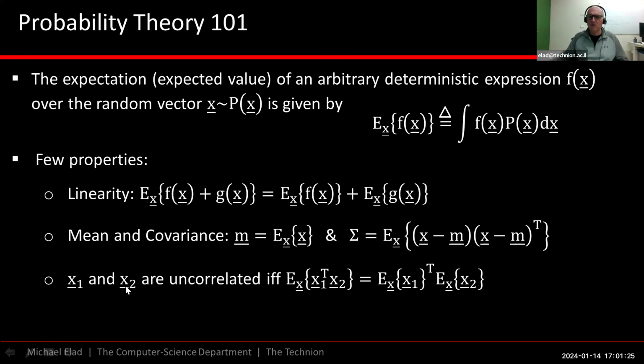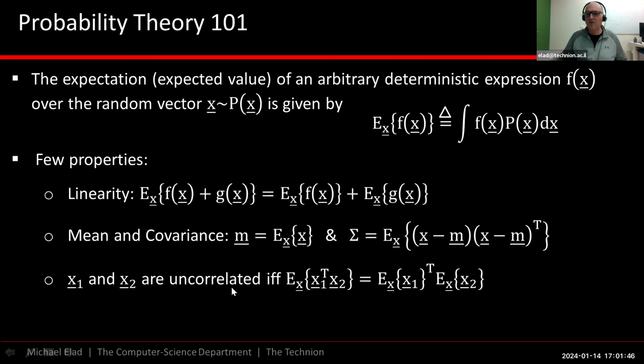If x1 and x2 are uncorrelated, then the expectation of their inner product is in fact the inner product of the expectation. So you can squeeze in the expectation inside the multiplication. In fact, this goes in the other direction as well. If this is true, then x1 and x2 are necessarily uncorrelated.